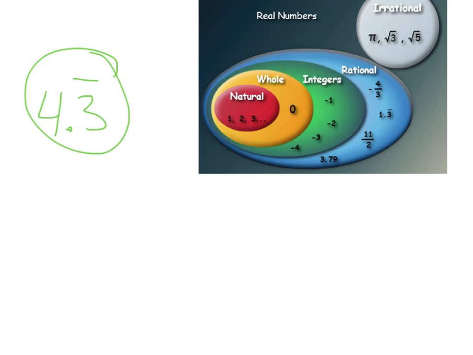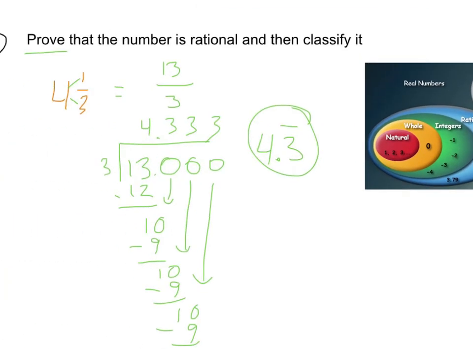It's not a whole number because it has a decimal. It's not an integer because it has a decimal. But it is rational, right? It's one of those rational numbers that is only rational, but it's not a natural, a whole, or an integer. We have just proved it by writing it as a quotient of two integers and classified it as just plain rational.